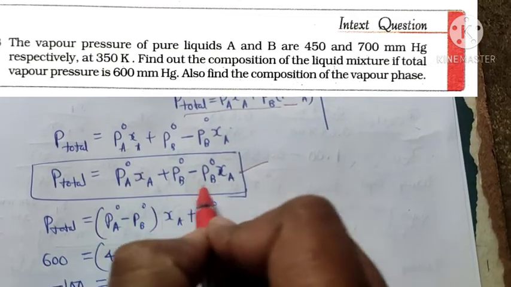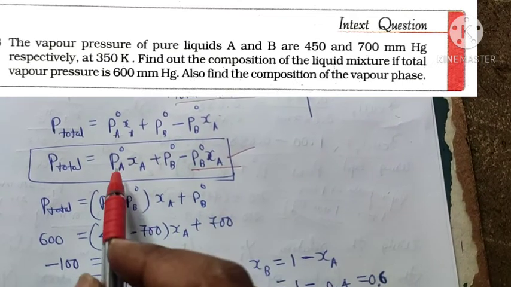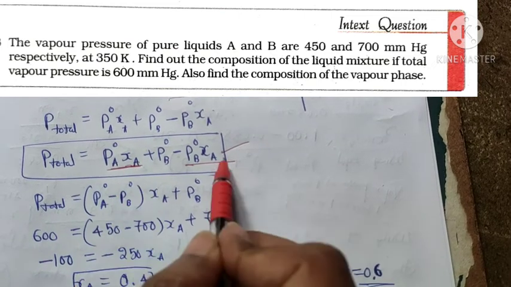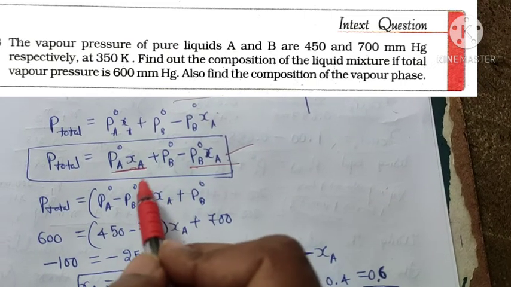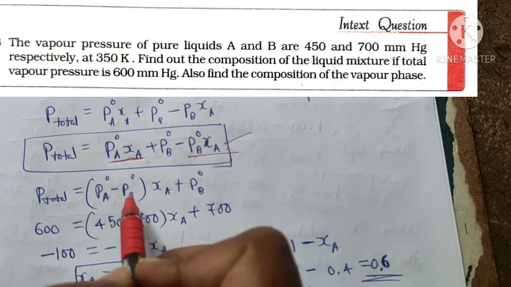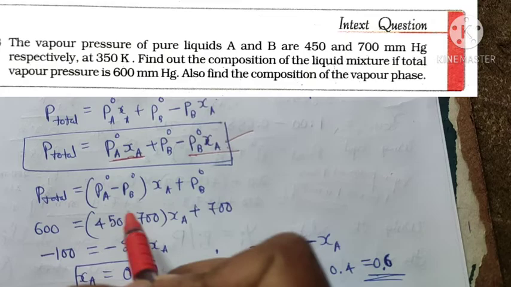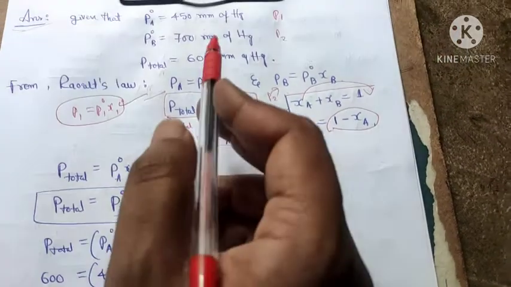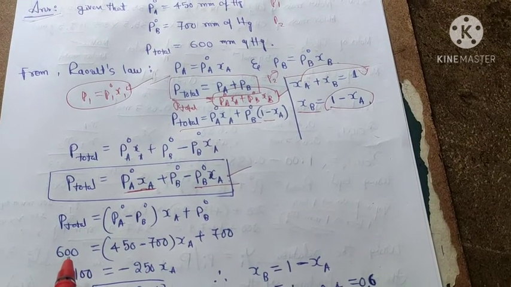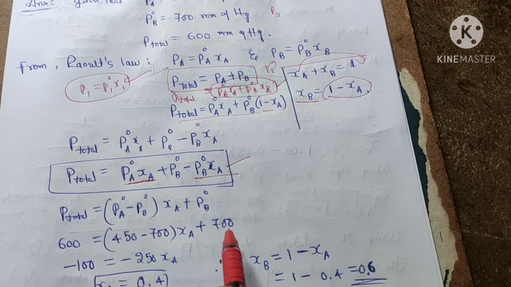In this equation, XA is common, so separate it out. P total is equal to PA naught minus PB naught, times XA, plus PB naught. You already know the values, so substitute them here: P total is 600, equal to 450 minus 700 times XA plus 700.